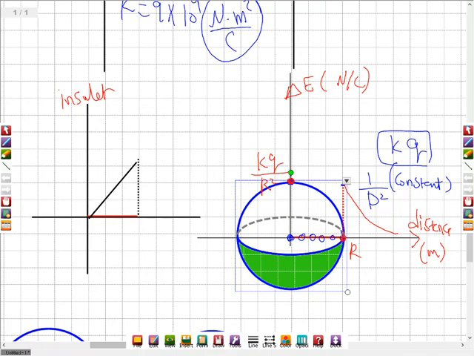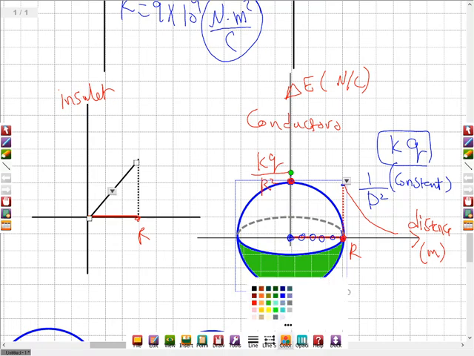This is for the insulator and this is for the conductor. Then after that, it behaves like the conductor. You see, this is for the insulator, increasing. Good. This is what we have quickly.